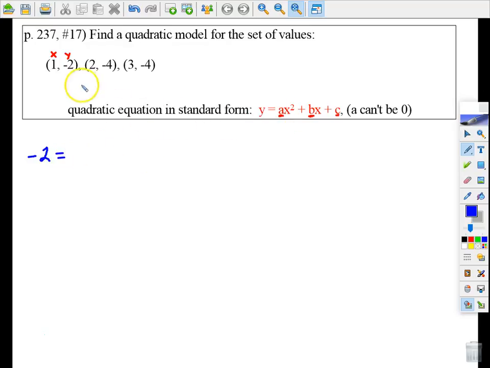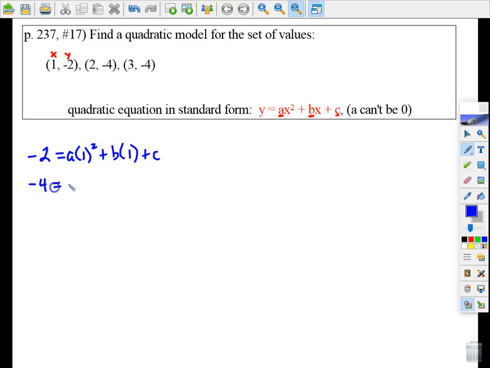All right, and so we do a times 1 squared plus b times 1 plus c. So you see how the 1 represents the x-coordinate of this ordered pair, I just replaced x with 1, both of the x's.